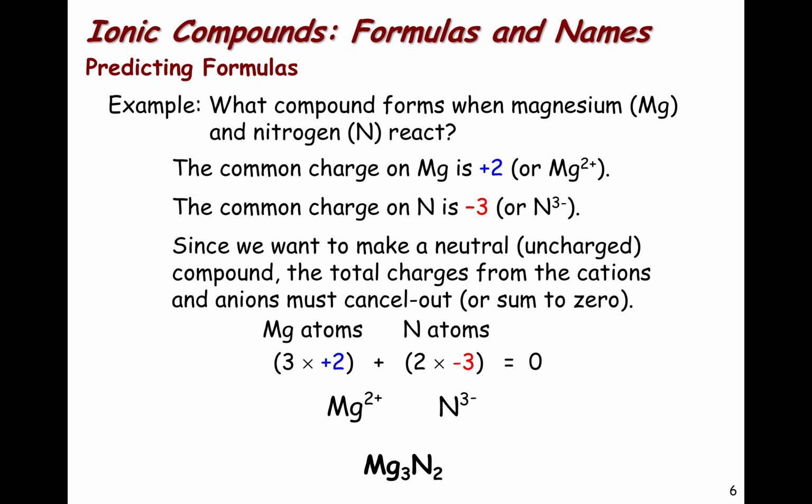Therefore, if we then think of this in terms of what's often called the crisscross approach, we recognize that the number associated with the particular ion becomes the subscript for the opposite ion. So, for example, the 2+ becomes the subscript 2 for the nitrogen, and the 3- becomes the subscript for the magnesium ion.